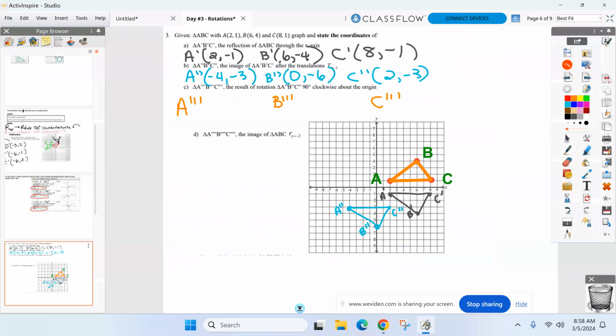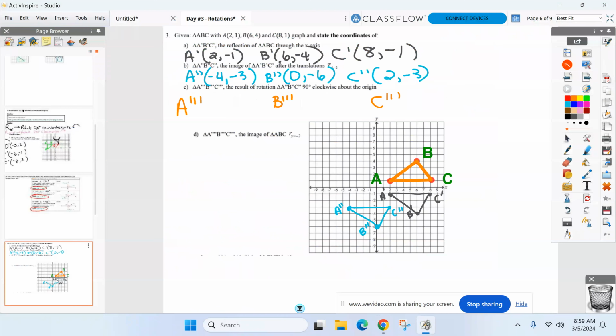So how is yours that much? What point don't you think matches up? I'm going 1, 2, 3, 4, 5, 6 to the left, down 2. What's not matching up? I don't know.